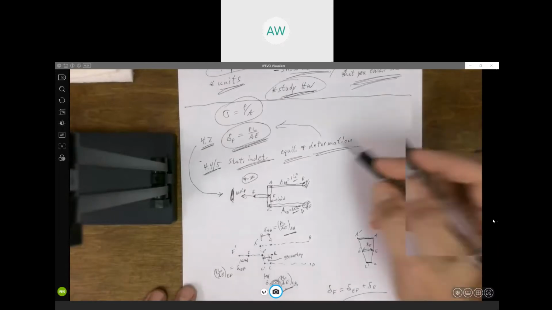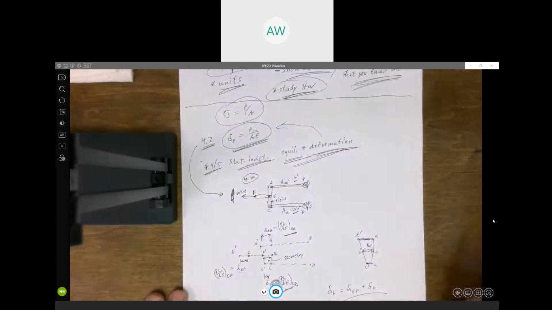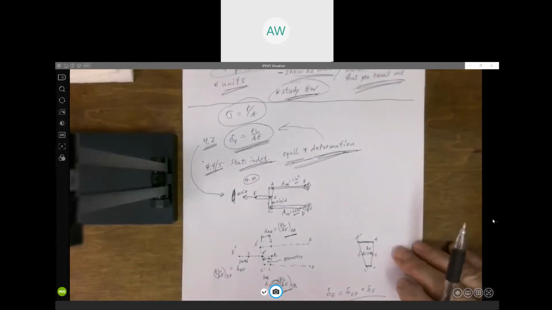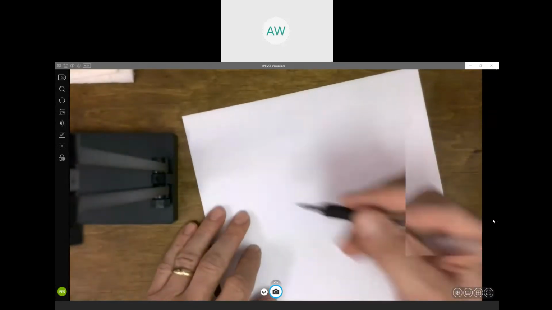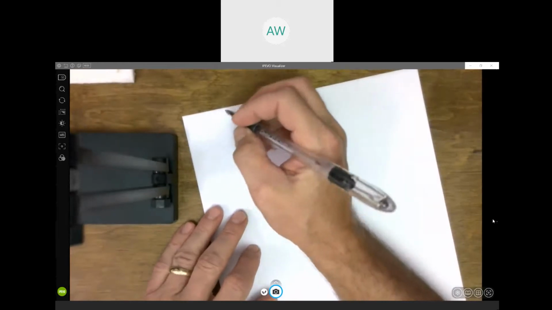All right, let's back up then. Statically indeterminate. Again, there's no new formulas. You're just using a combination of equilibrium and what you know about deformation. All right. Well, the last thing we did in chapter 4 was what we call thermal stresses, which, again, stress is due to if it's constrained or not.